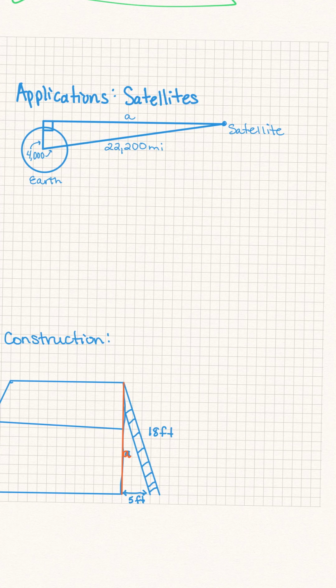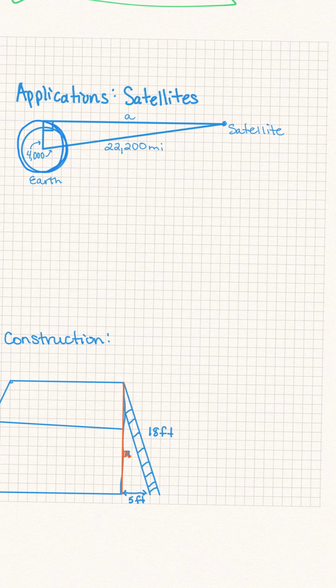Applying this to why we might need to use it in life, if you were a scientist or worked for a satellite company, you might want to know how far your satellite is going to be hitting. So here's my little Earth, and it's not quite where it needs to be. The circle should be touching over here.